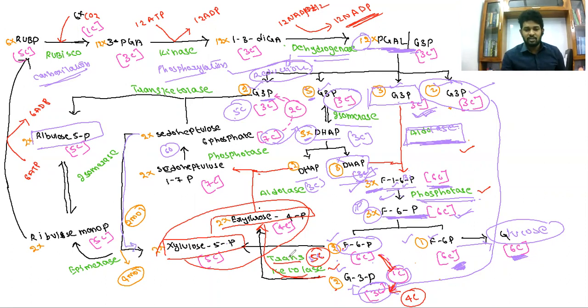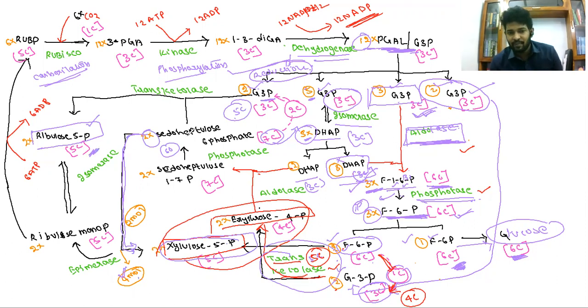So in this process, two molecules of xylulose 5 phosphate are produced, and in this process also 2 molecules are produced. So total 4 molecules of xylulose 5 phosphate are present here. And another molecule produced here is ribulose 5-phosphate, also a 5 carbon compound.